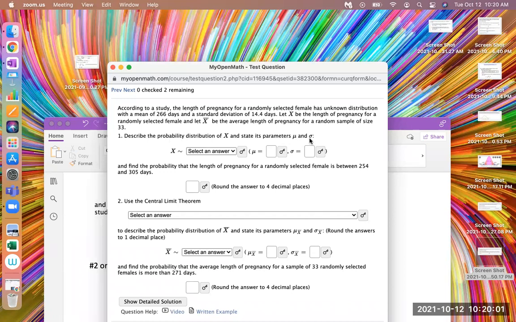So because we don't know that it's normally distributed, we're going to have to say that it's unknown. And a lot of times when we don't know the original distribution, we just use the binomial distribution, if it appears to be independent trials.